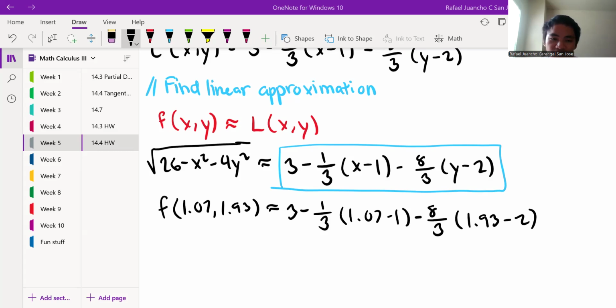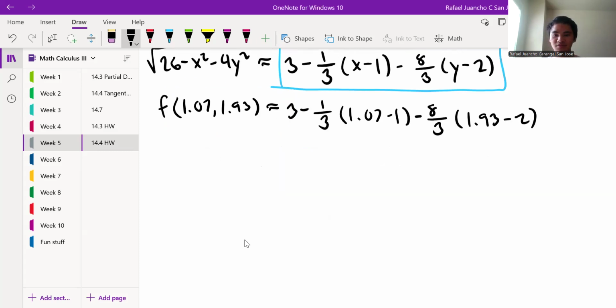And then I can use that approximation to solve for this one. So let me just quickly do that. What's this going to be? 1.07 minus 1 is 0.07. Okay, let me just do it step by step. I got time.